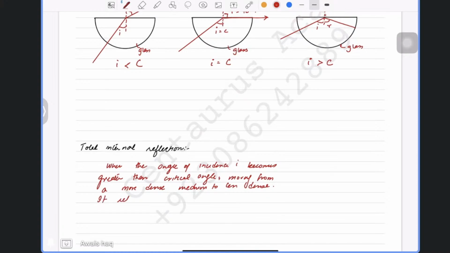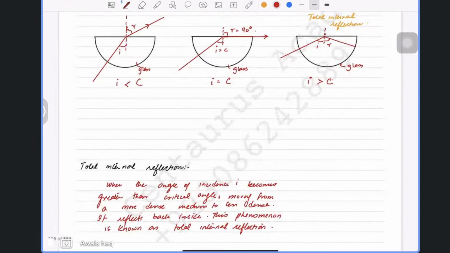It reflects back inside. This phenomenon is known as total internal reflection. Is it clear, everyone? Cool.